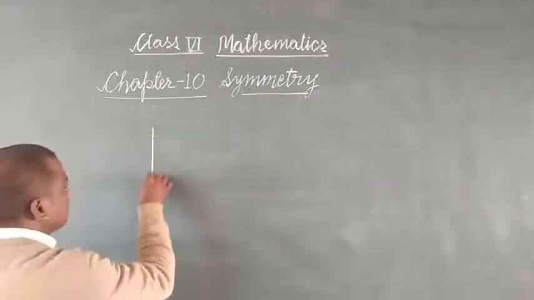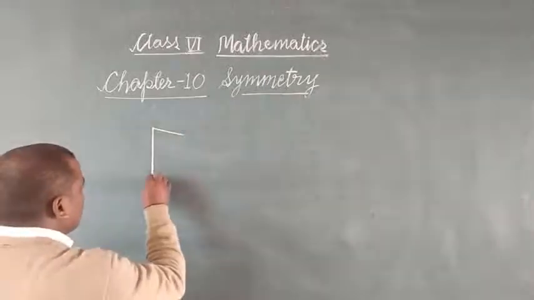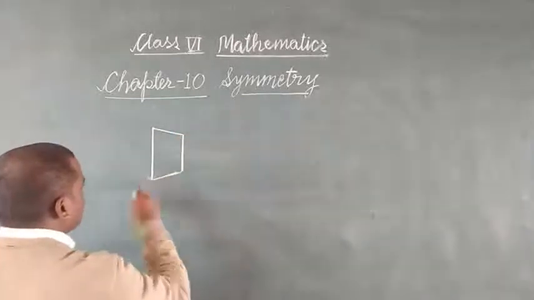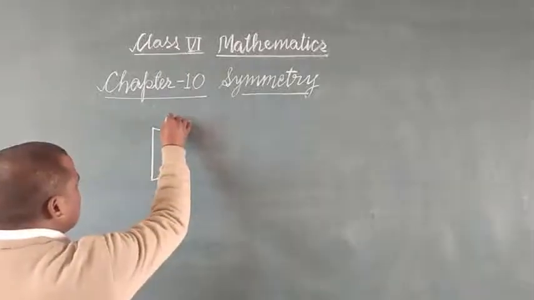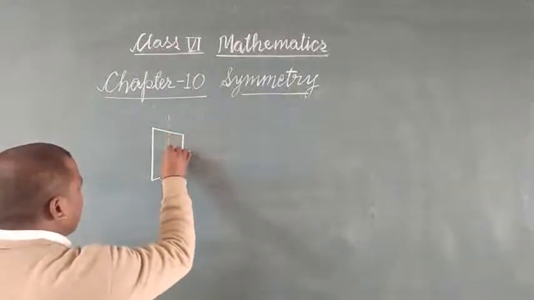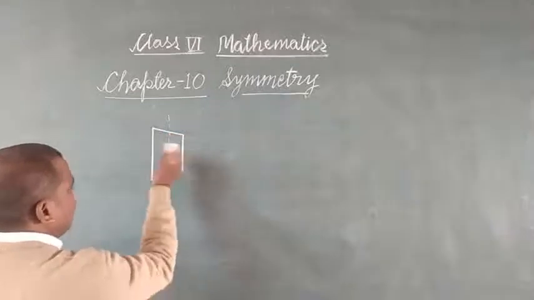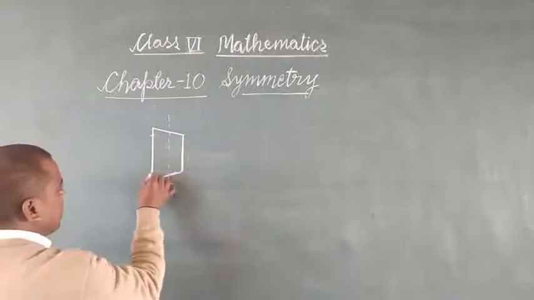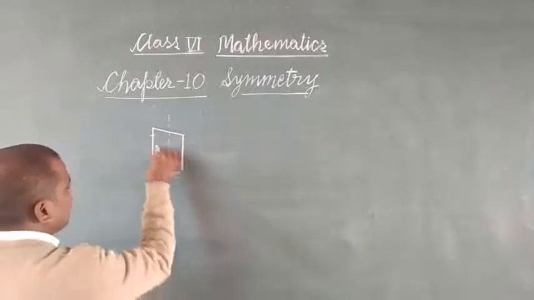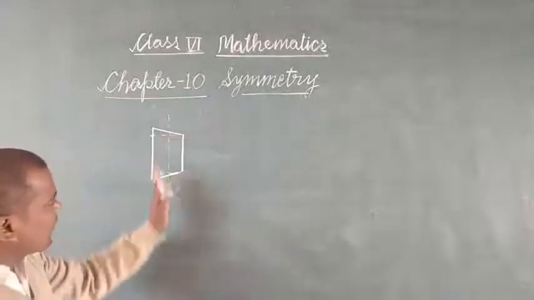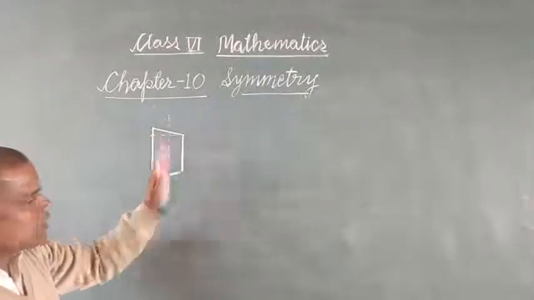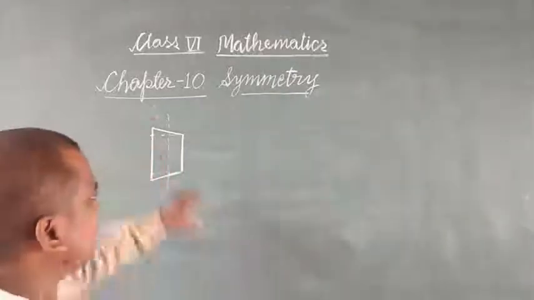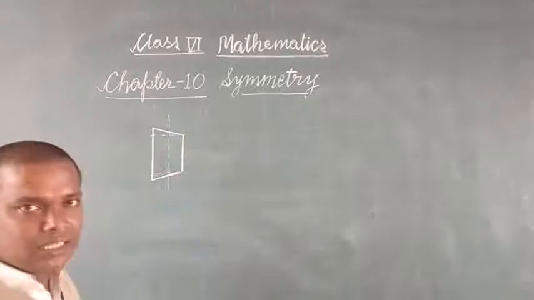Suppose we have this figure. We are going to draw a line of symmetry along this side. If you fold, this part will come here and this part will come here. If we divide by this line, are this part and this part exactly the same? Not the same. So here there is no line of symmetry.